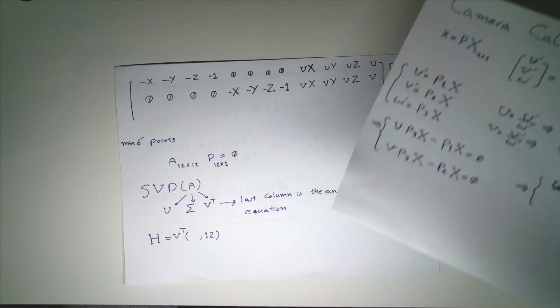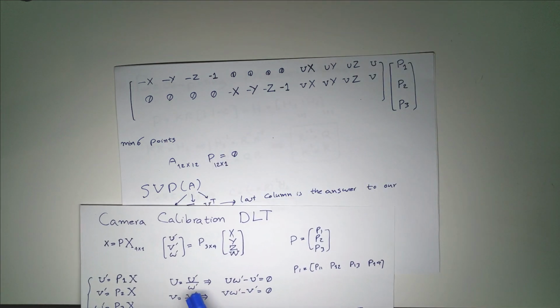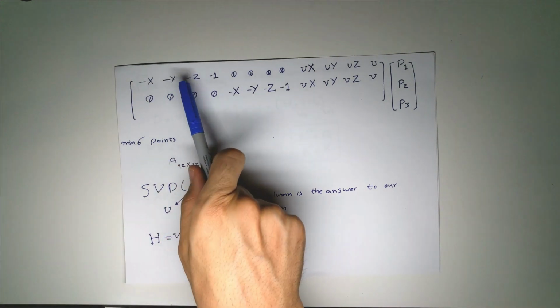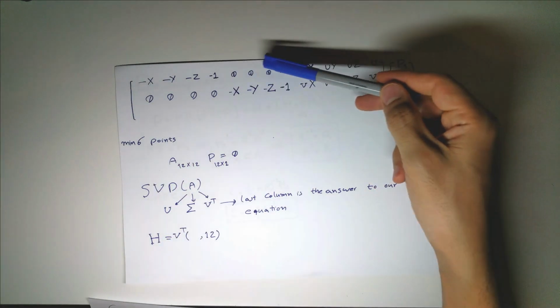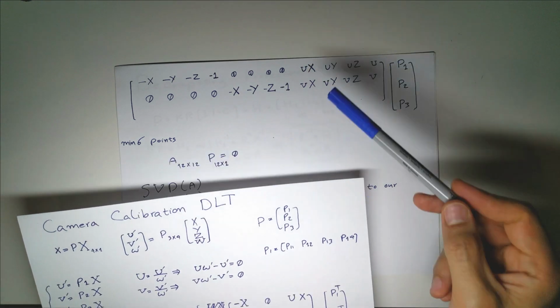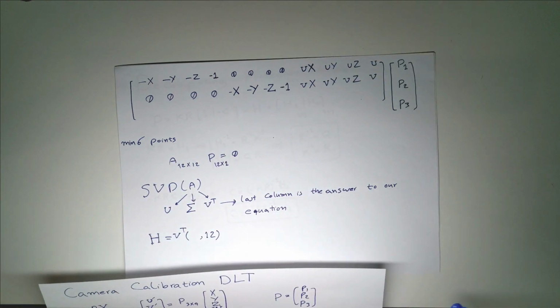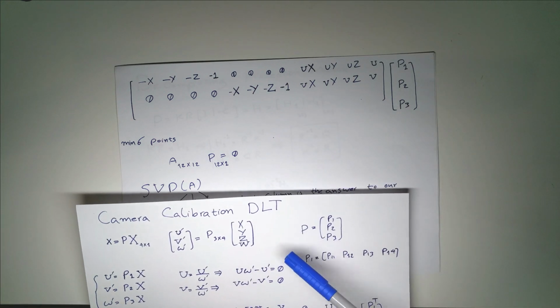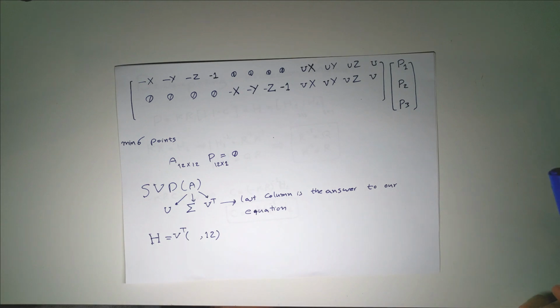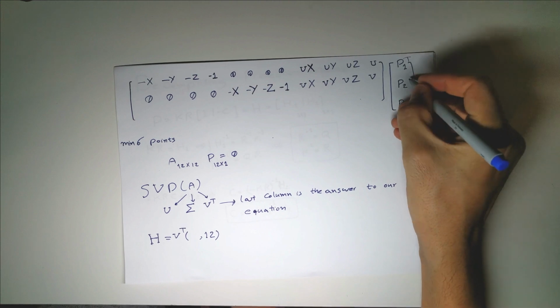Here I am just rewriting this matrix. X is actually this X, 4 by 1. So it has minus X, minus Y, minus Z, zeros, and U multiplied by X, which gives me UX, UY, UZ, and the fourth one is a 1, W. So again, sorry, here should be P transpose.